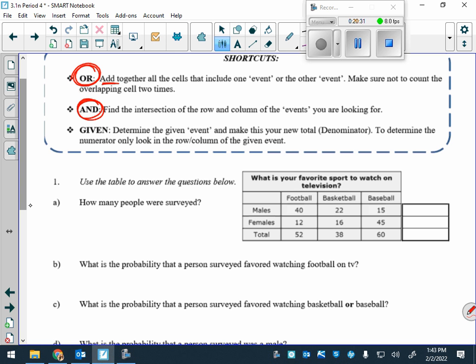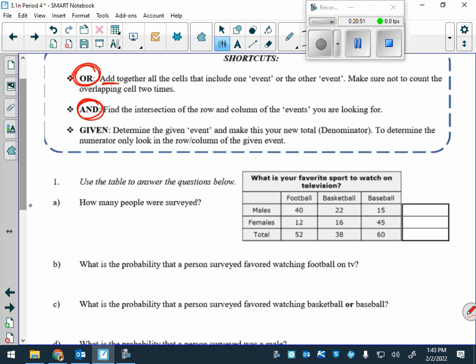You notice there's no multiplication happening. Does that make sense? So on a two-way table, when you're looking for and, you're finding where they're both in common, where there's an intersection.